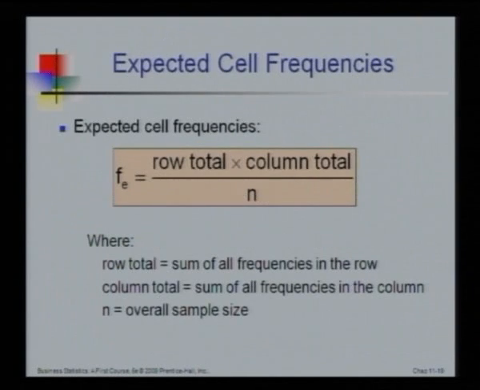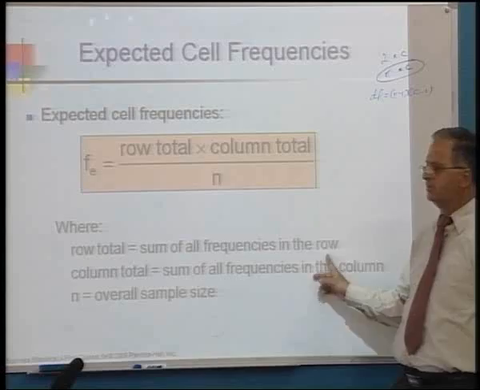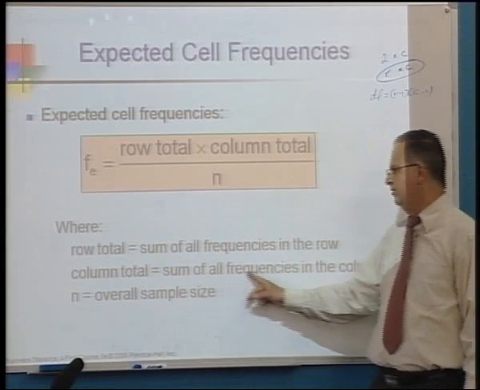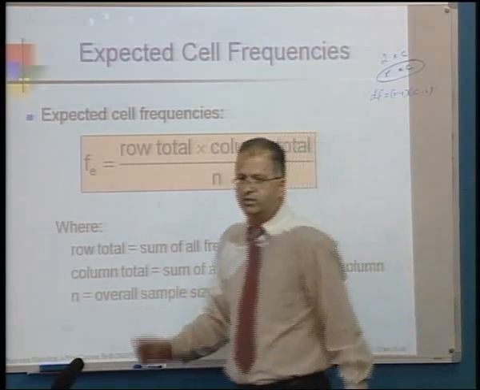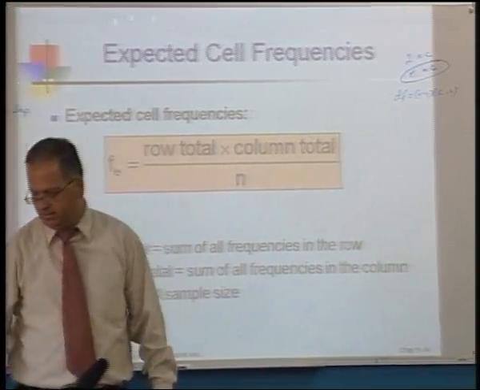So from now we are going to use this equation in order to compute the expected frequency for each cell. Again, expected frequency is row total times column total divided by n, the overall sample size. Row total means the sum of all frequencies in the row. Similarly, column total is the sum of all frequencies in the column.